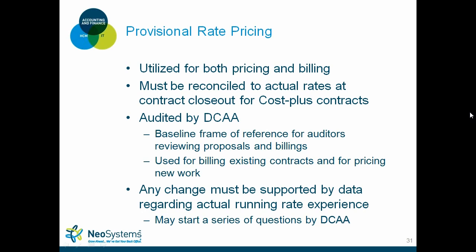Any change within your provisional rates when you have cost reimbursable type work, you have to have that data supported by actual financial statements that have that rate change, and anytime you have a change in indirect rate structures, that could spark basically a red flag to DCA, and they could come back with a lot of questions.